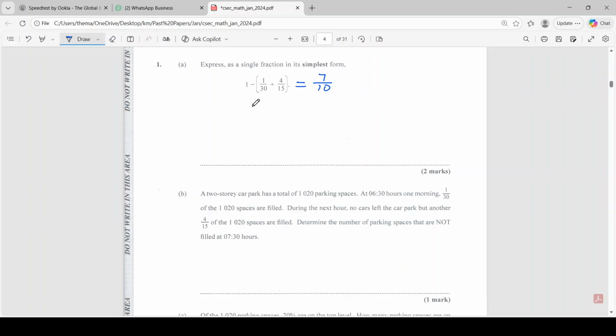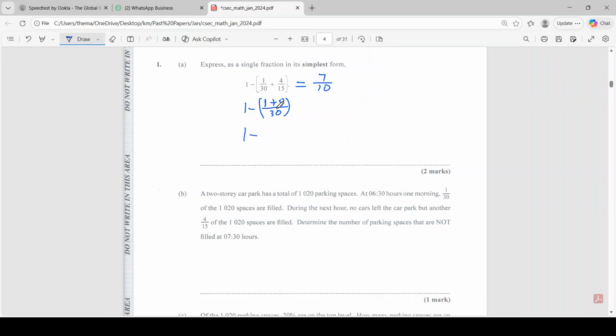Well, let me do a little working for this one. 1 minus, now we need to use BODMAS, meaning we work out what's in the brackets first. In this bracket, I have 1 over 30 plus 4 over 15. We find the LCM of 30 and 15, which is 30. 30 into 30 is 1, 1 by 1 is 1, plus 15 into 30 is 2, 4 2s are 8.